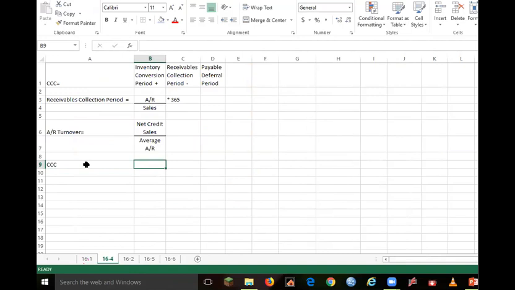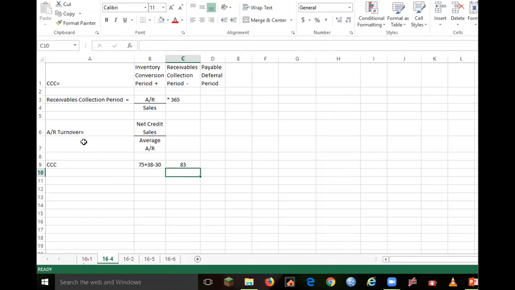So the cash conversion cycle is simply found by adding days to turn inventory plus days to collect receivables, and minus payables deferral period. Okay. So 83 days is the cash conversion cycle.